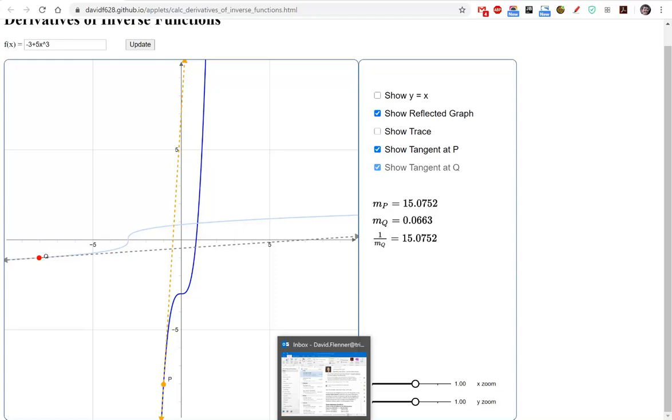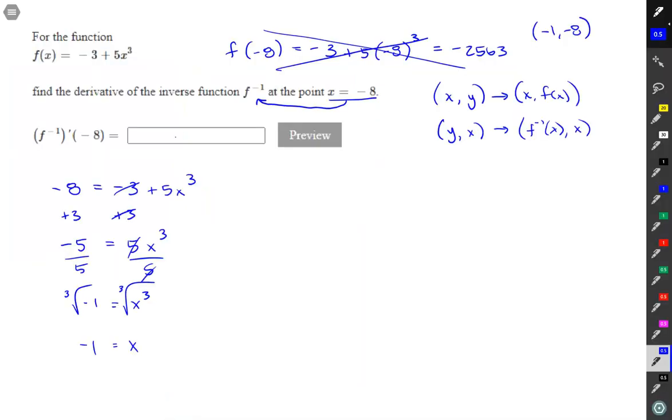An alternative would be to find the inverse function and then find the derivative of the inverse function and go that route. But this will work okay as well, and actually probably will be a bit easier. So I have f prime of x. The derivative of a constant, negative 3, is 0. The derivative of 5x cubed would be 15x squared.